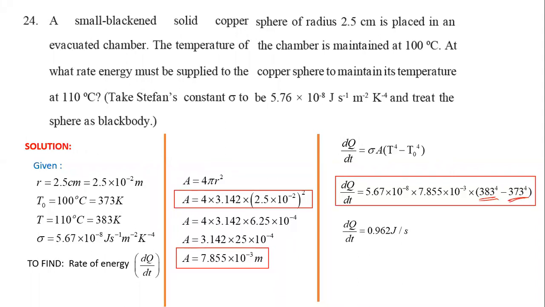Now here I have not done any log calculation, but you have to do it. Use the log table, do the calculation and check the answer. So definitely you get this answer for this question number 24.